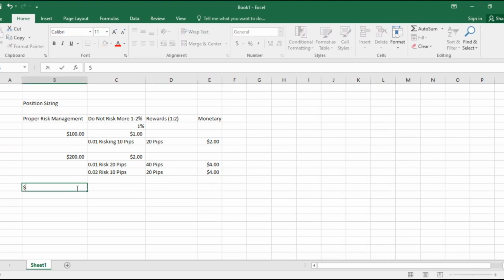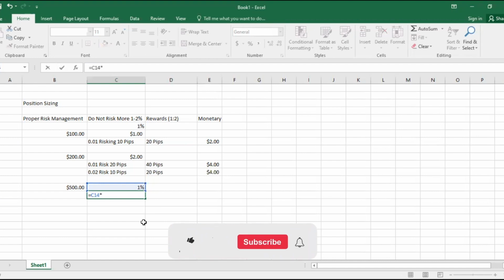So let's look at someone who has a $500 account. Definitely you're risking 1%. Let me do the mathematics well.